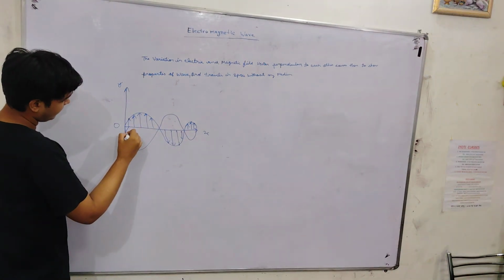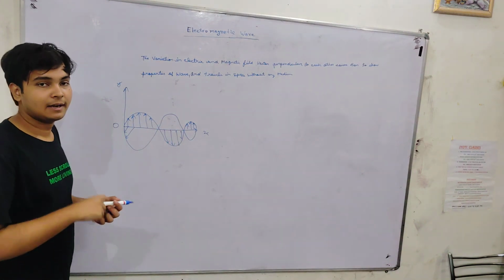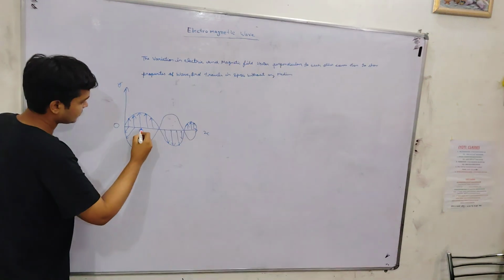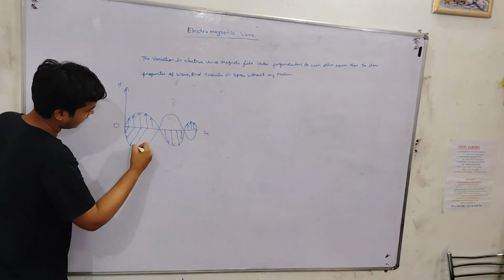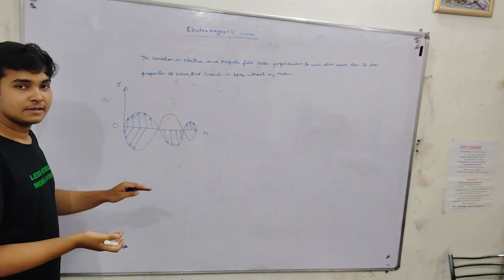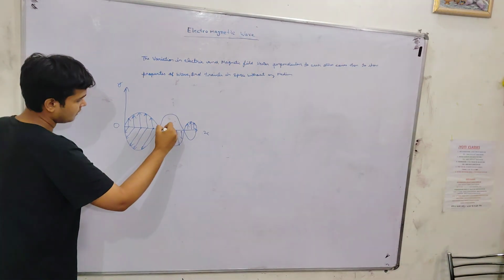This wave will be perpendicular to the electric wave, as the formation of the wave occurs when the electric and magnetic waves are perpendicular to each other as vectors. So this direction will be perpendicular. Here it is in 2D, but in 3D you will see they are perpendicular to each other. So the direction will also be perpendicular.